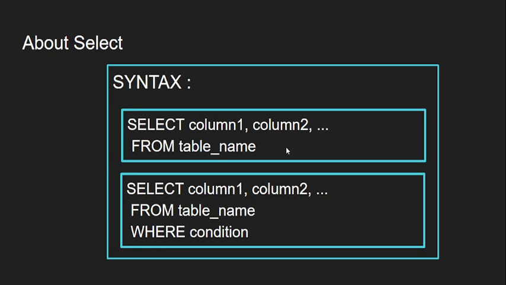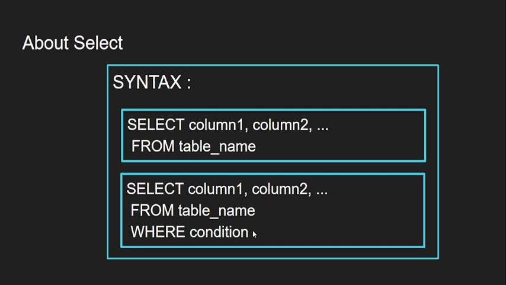But sometimes we have a requirement to filter the data. Sometimes the client says that I want to retrieve the data on a specific condition. For that, you just have to use the where clause in your select statement. So here you can see select column 1, column 2, from the particular table name, and the where clause is used to mention the condition.